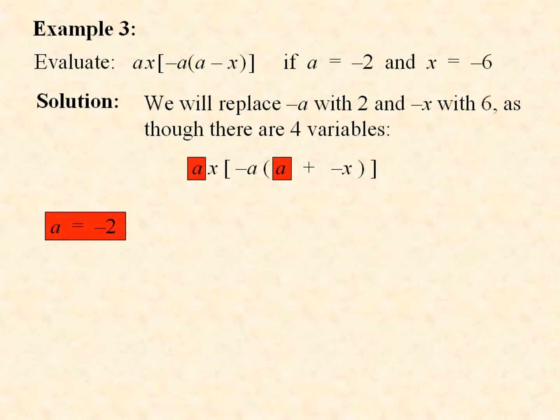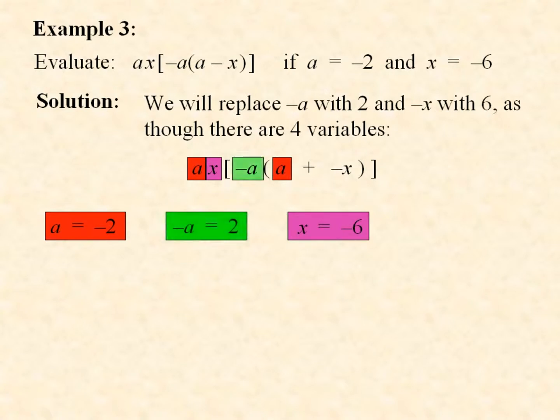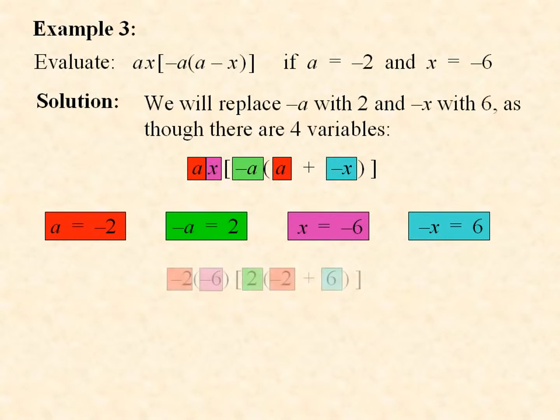So a is -2, x is -6, opposite of a is 2, opposite of x is 6. So if we make these replacements, here's what we have.